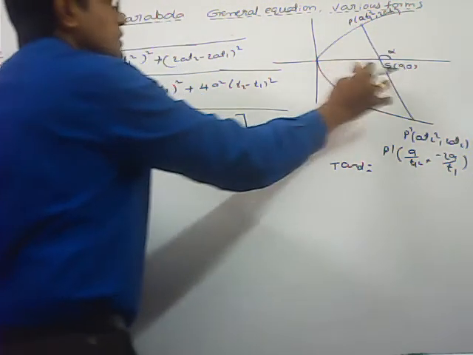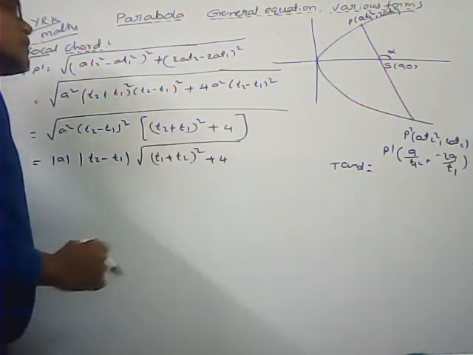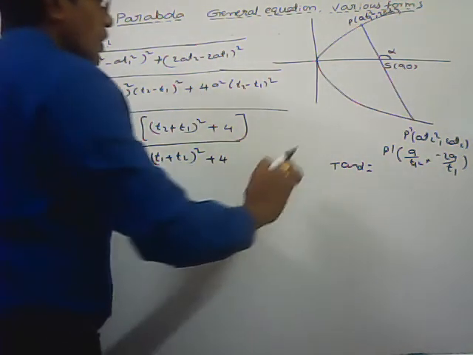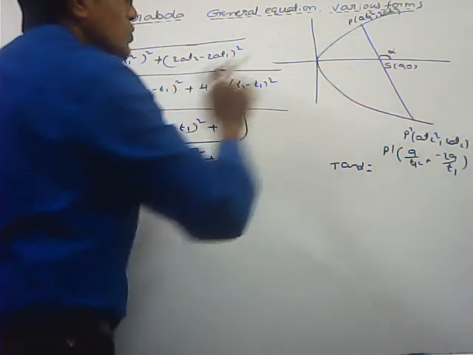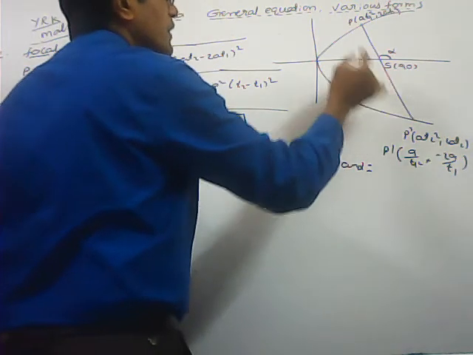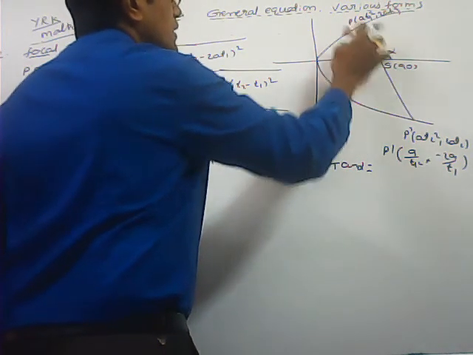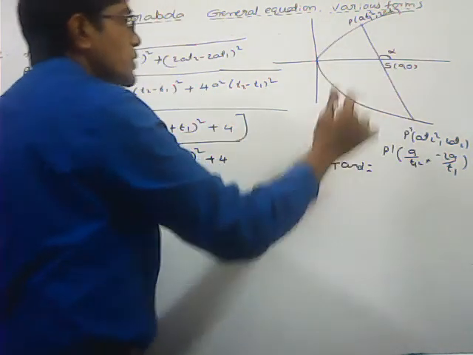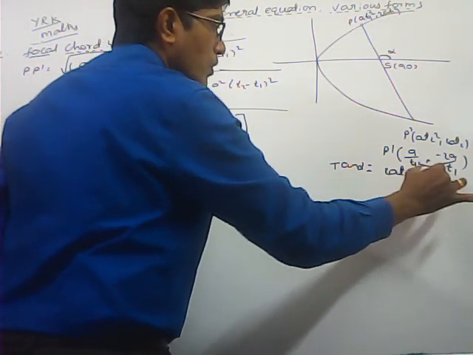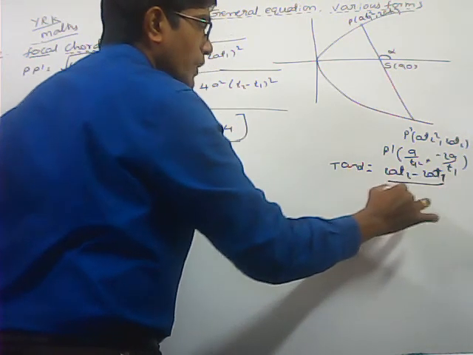The inclination is the angle made by the line with the positive direction of x-axis. If it is alpha, then tan alpha we say slope only. That is equal to, the chord passes through these 2 points only, y2 minus y1 by x2 minus x1 only.